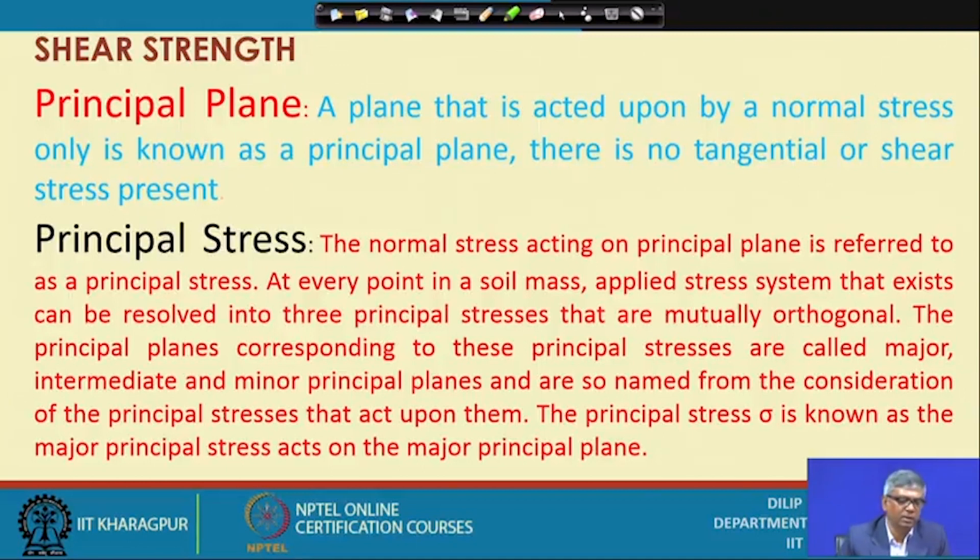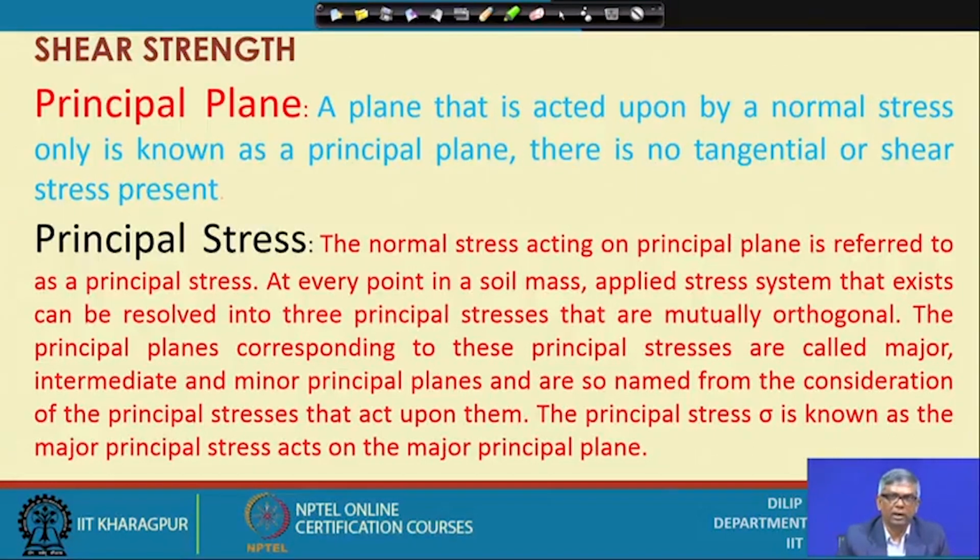Finally, in summary, we have seen two things: one is the principal plane, another is the principal stress. What is a principal plane? A plane that is acted upon by a normal stress only is known as a principal plane, and on that plane there is no tangential or shear stress present.